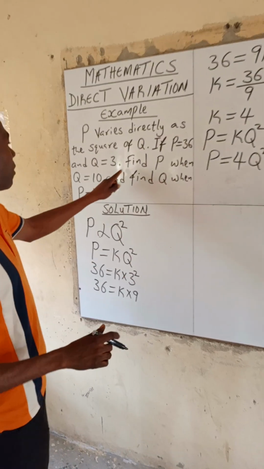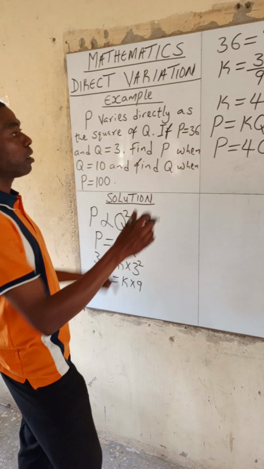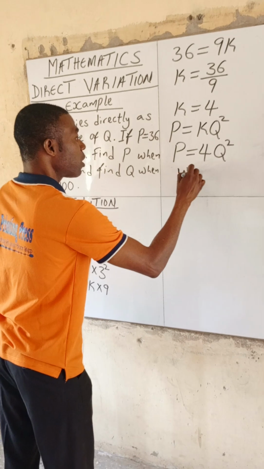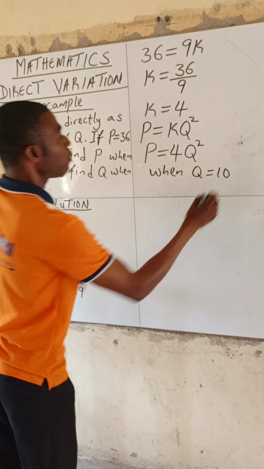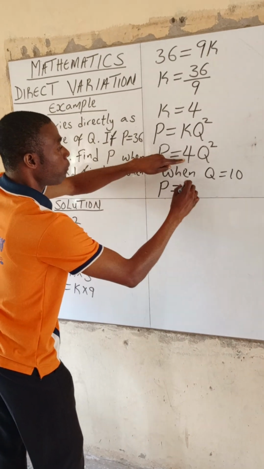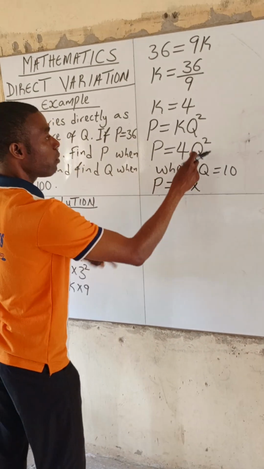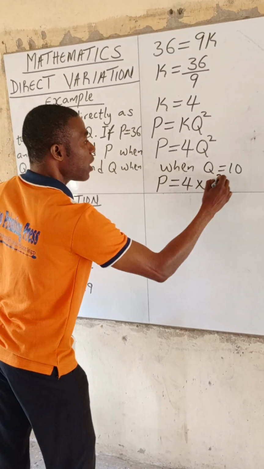So the next question says, find P when Q equals 10. So now, when Q equals 10, we'll be having P equals 4 times, where we see Q, put 10, times 10 squared.